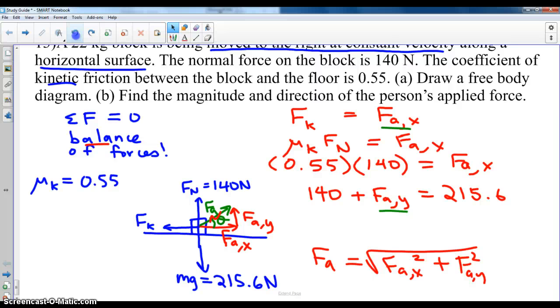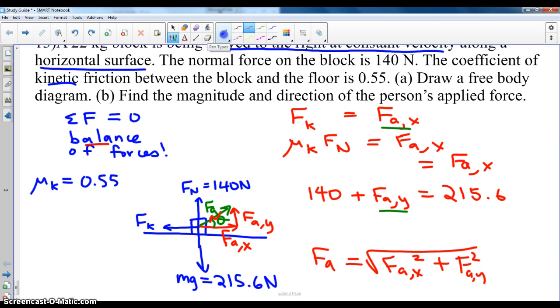Oh, that's not what I wanted to calculate. That gives us 77. So I'm just going to erase because I have actually gone as far as the smartboard can go. I cannot go down. I can't extend any further. I reached the end of the smartboard page. I feel pretty accomplished. Okay, 77 newtons.